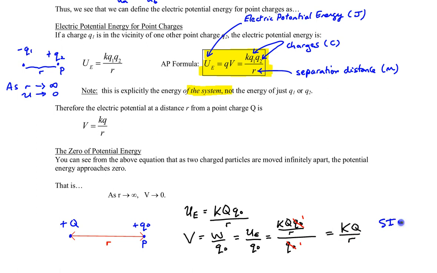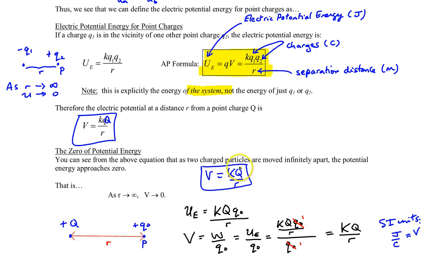The SI unit of electric potential is joules per coulomb, which we name the volt, named after Alessandro Volta. So therefore, the electrostatic potential at a point P at a distance r away is given by this formula. We'll just call that a capital Q because that's what we used in our picture.